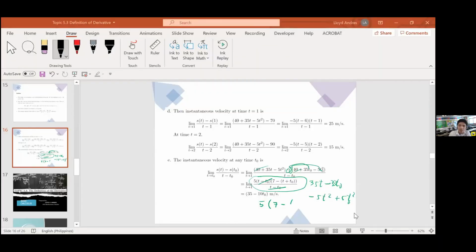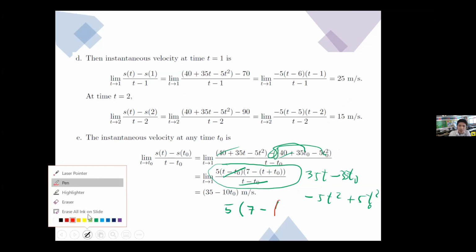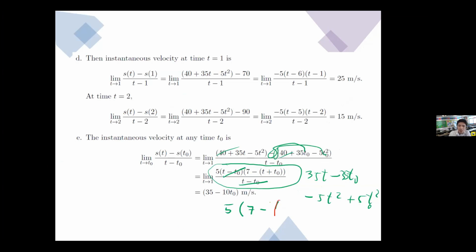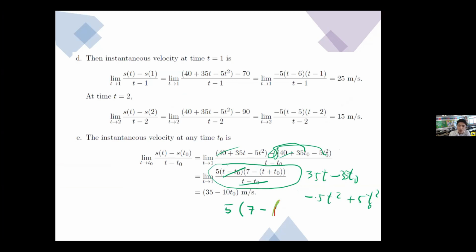Kaya lang. So na to. 7 minus wala ang color. 7 okay, sabon na to ha.